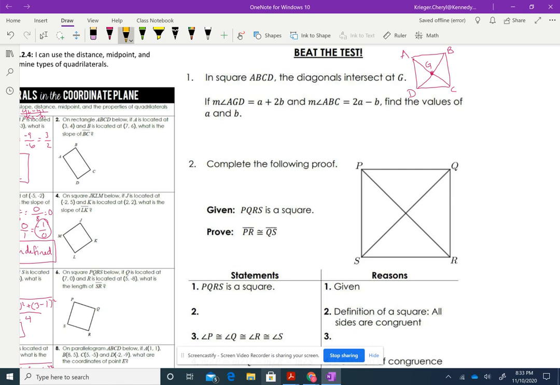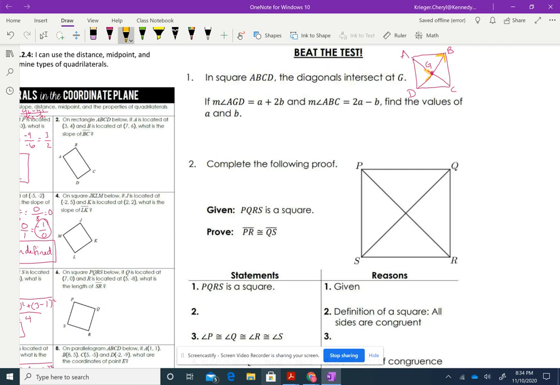Because the angles are here. It says angle AGD, that's this one here, is A plus 2B. And angle ABC is 2A minus B. Find the value of A and B.